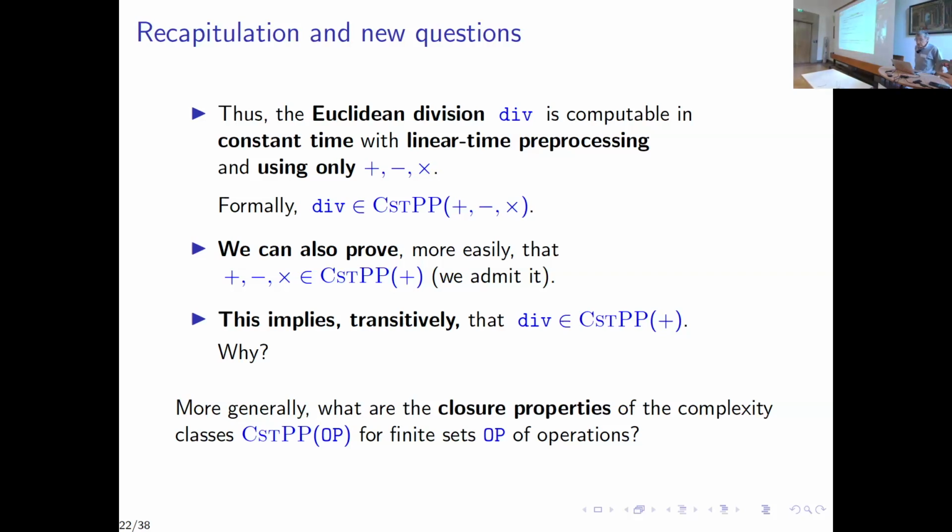Transitively, intuitively, division can be computed using only addition. Why? Now I insist on closure properties of this class.